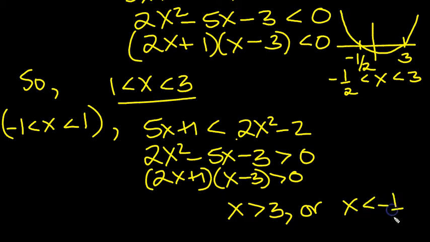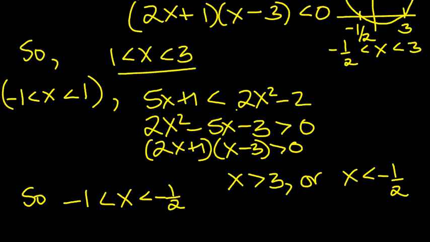So if we look at our context of this solution set here, the bigger than 3 doesn't overlap at all, does it, with this segment? But this does. When x is less than minus a half, that lies inside this range. So we have the solution set here: x can go down to minus 1, but it can only go up to minus 1/2.